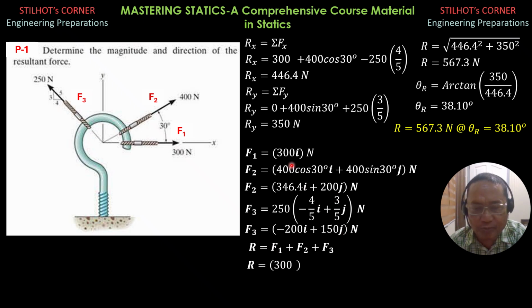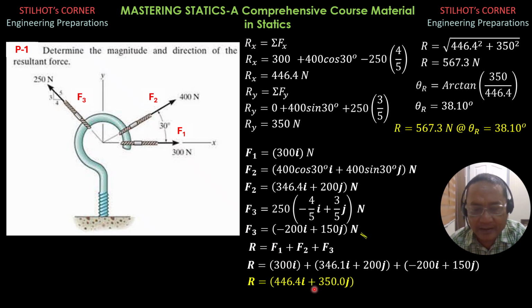For the X component, 300 plus 346.4 minus 200, that's equal to quantity 446.4 i plus 350.0 j newtons, which is the same as this. This is the X component and that's the Y component. So that's it. There's no need to specify the angle because that is already in vector form.